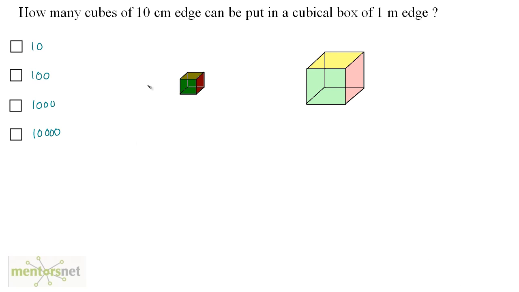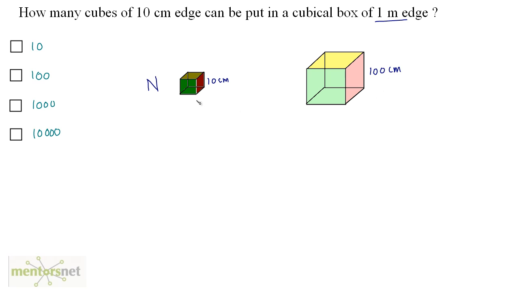Let us say that you have n number of smaller cubes of the side as 10 centimeter, right? And you have to put this n number of cubes in this big cubical box of 1 meter's side. And I can say that 1 meter side can be written as 100 centimeter.